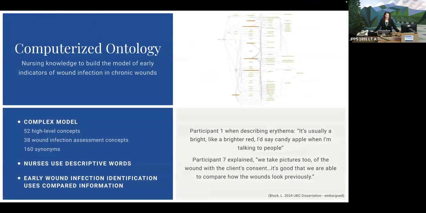All right, so this is my dissertation work, which for those of you online, we can't share because it's embargoed and not quite yet published. But this is what we took forward. Knowing what's happening in the field, and knowing wound care representation and nursing knowledge is really important, I was interested in building what's called a computerized ontology.